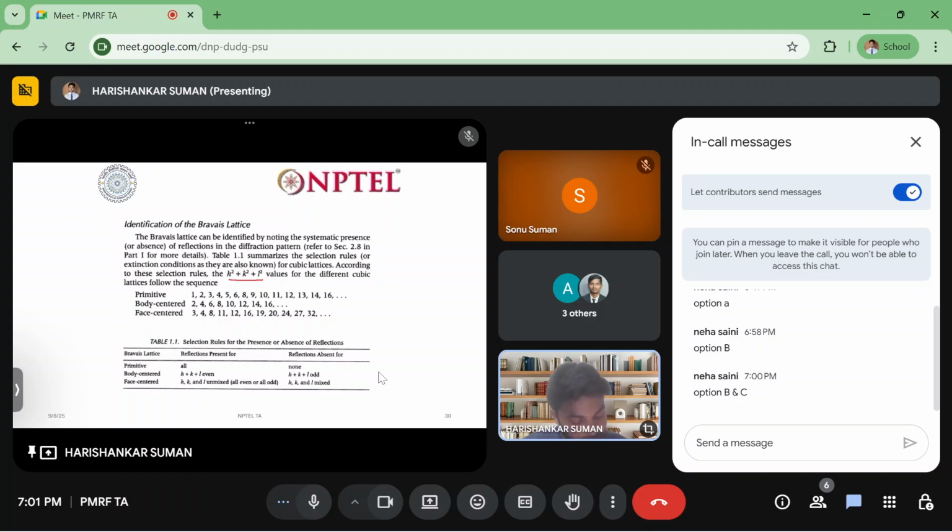All hkl reflections are present. In body centered, the sum of h, k, l should be even. Only those are present. Face centered, hkl unmixed: all are even or all are odd. Unmixed. Okay, so we will solve the questions on that basis.